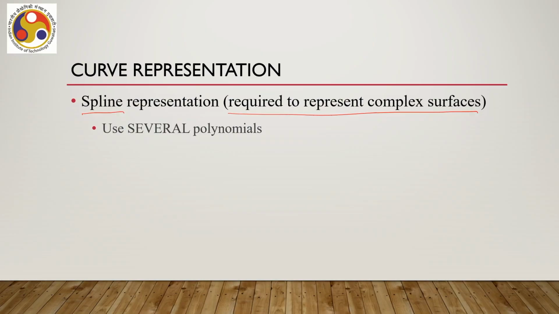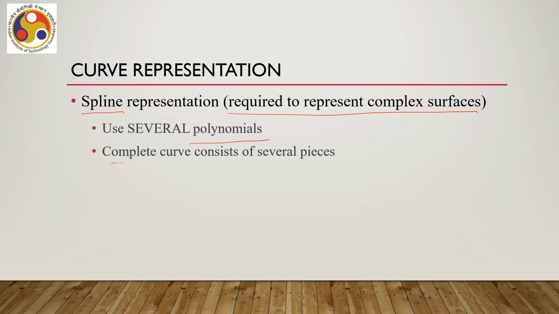So, essentially with spline representation, the idea that is followed is that instead of representing a curve using a single higher degree complex polynomial, we can represent it using several polynomials, each with lower degree to a manageable level.